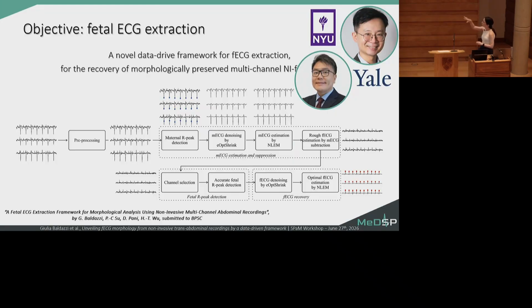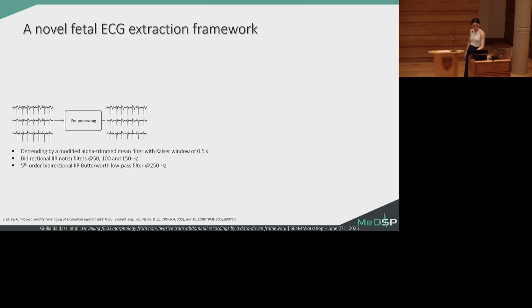I won't go into too much detail from the technical perspective, but I would like to mention that this work is in collaboration with Professor Autin-Bu from New York University and Dr. Pei Chun from Yale University.